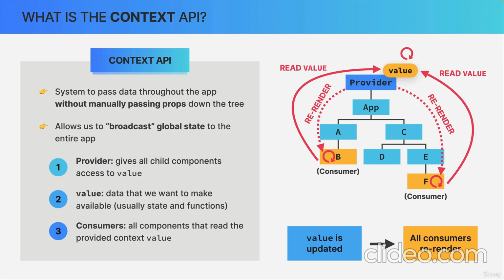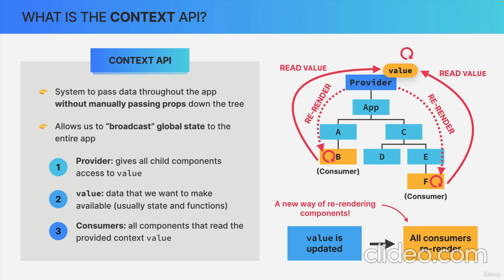And so this means that now we have a new way in which component instances can be re-rendered. So we already knew that state updates re-render a component instance, but now we know that an update to a context value also re-renders a component as long as that component is subscribed to that exact context.